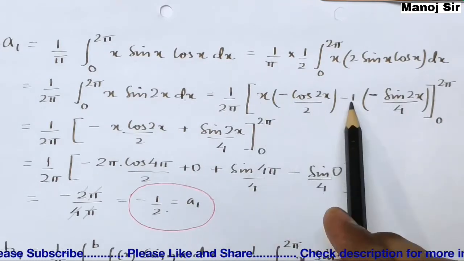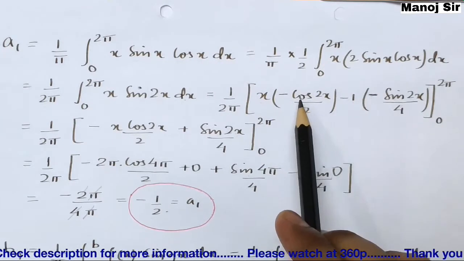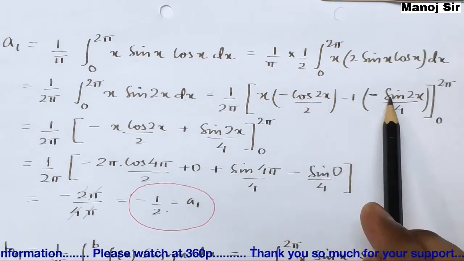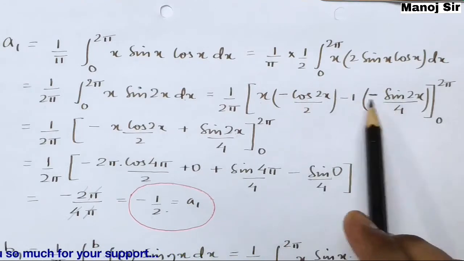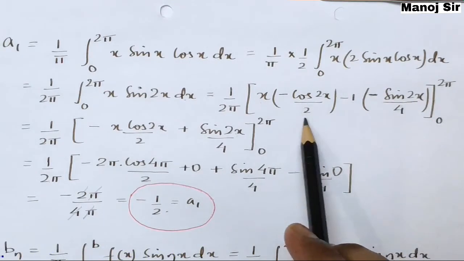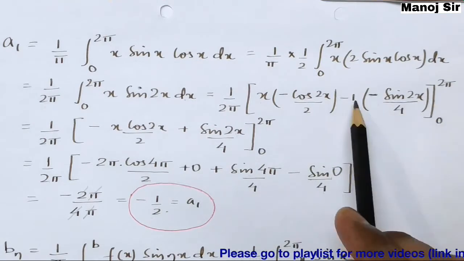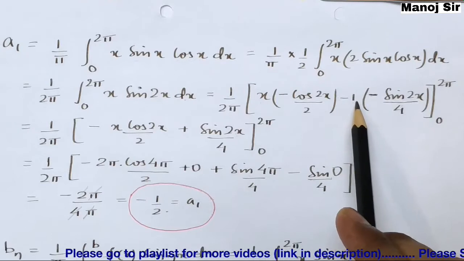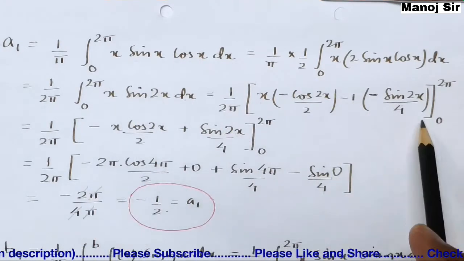Differentiation of the first part, that is 1. Now integrate this part. So minus is as it is. Integration of cos is sine. So sin 2x upon 2. Here already we have 2, so 2 into 2, that is 4. Now the third term would be 0 because of this 1. If you differentiate this further, you will get 0. Now put the limit, that is 0 to 2 pi.